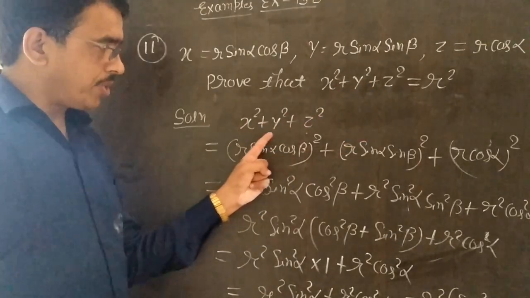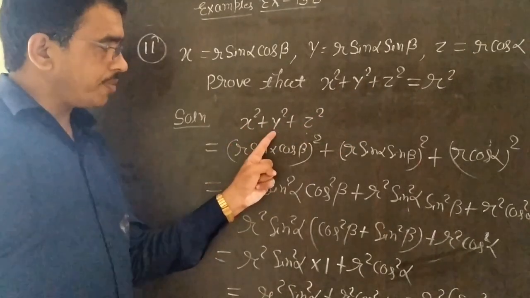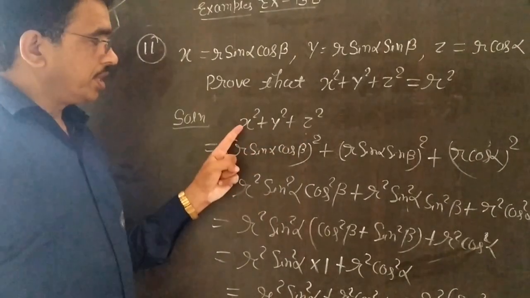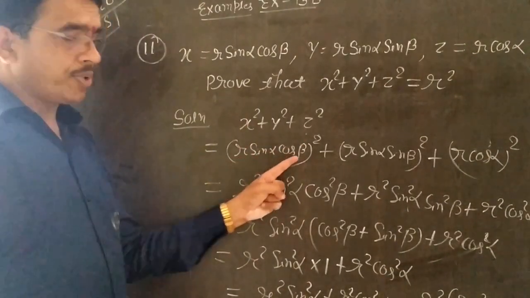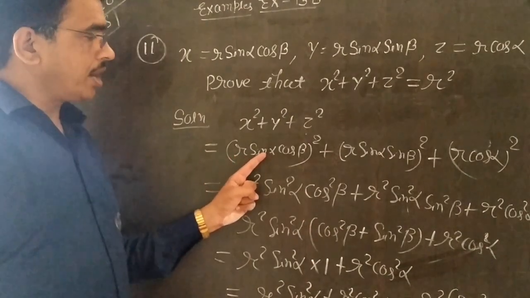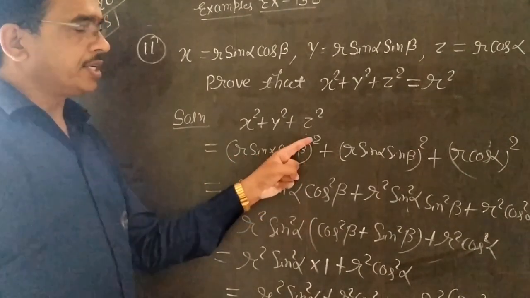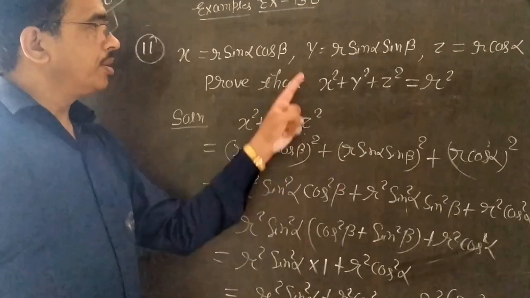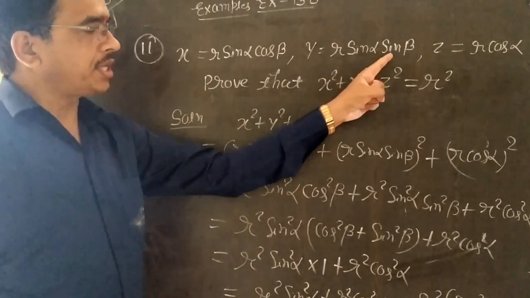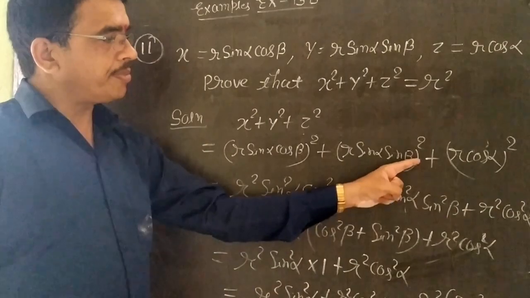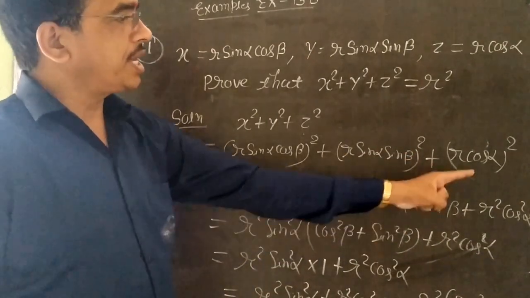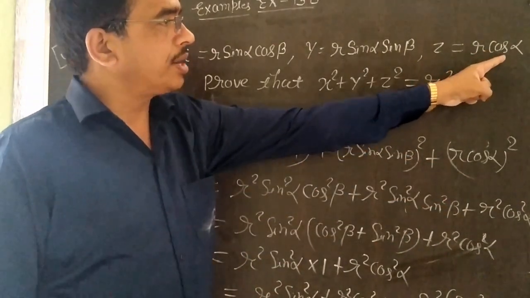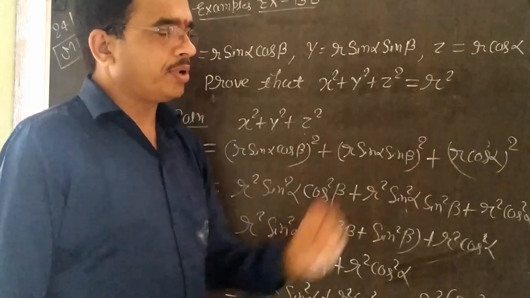So I write only LHS. The value of x is put here, r sin alpha into cos beta, squaring it. Similarly plus y square, put their value, r sin alpha sin beta whole square, plus z square, I put their value r cos alpha whole square.